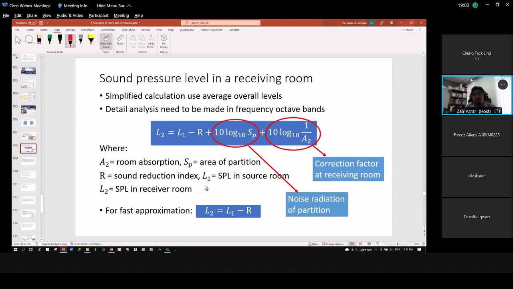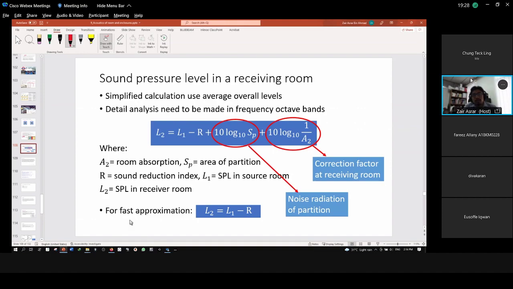Straight away we know the sound pressure level at the receiving room equals the sound pressure level at the transmitting room minus this sound transmission index or sound transmission loss. Both of them are the same, and I might use them interchangeably. So L2 equals L1 minus R. This is for fast approximation.